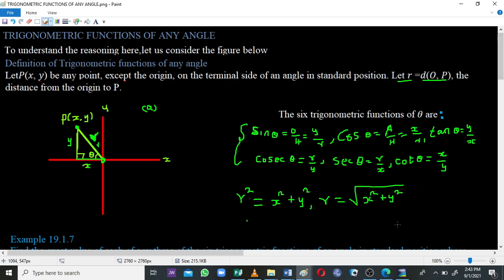So this is what we can do to find r, the distance from the origin to point P. And so we have defined the 6 trigonometric functions in terms of x, y, and r, and also defined what r is.